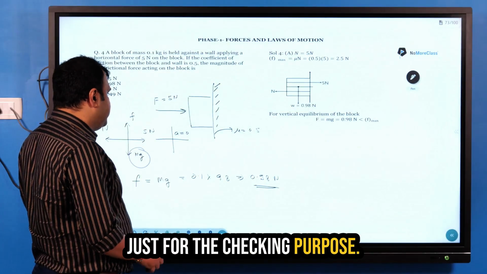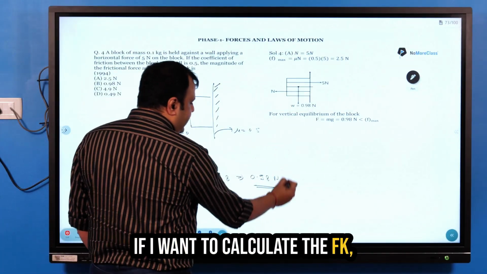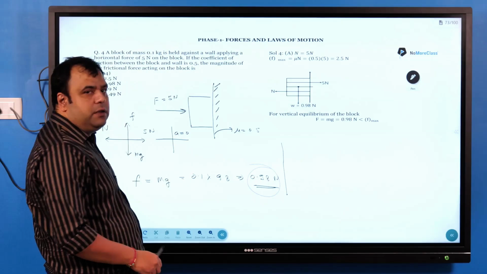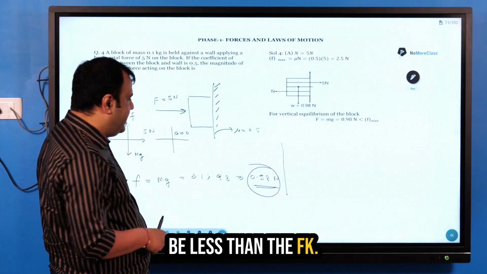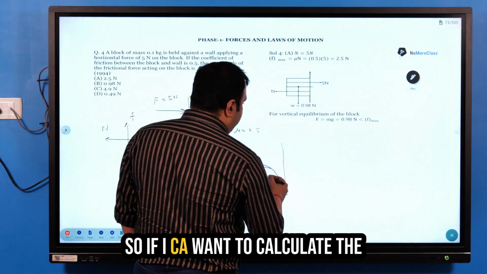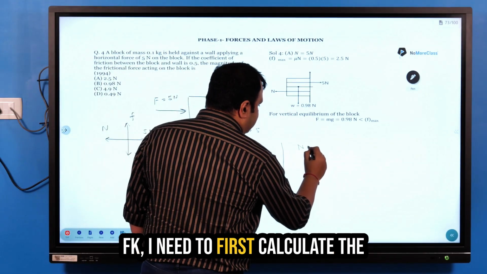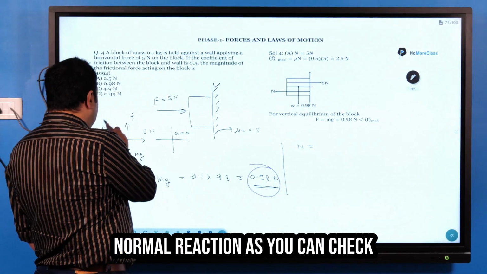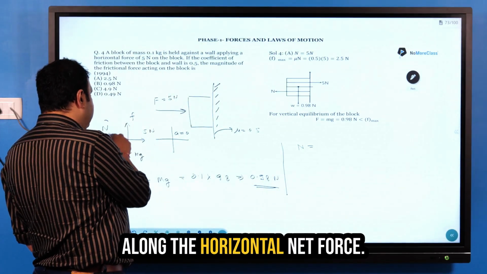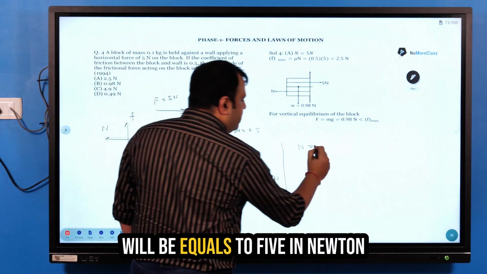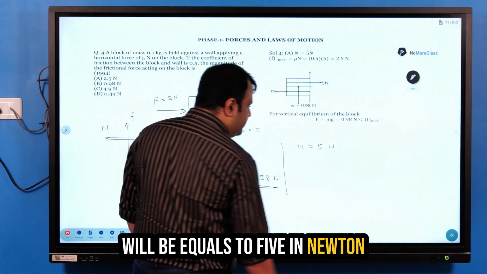Just for checking purposes, if I want to calculate the Fk, because this is the friction, and this friction has to be less than the Fk. If I want to calculate the Fk, I need to first calculate the normal reaction. As you can check, along the horizontal the net force is also 0, so normal reaction will be equal to 5 newton.